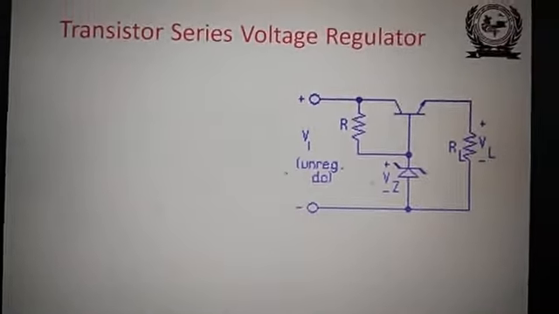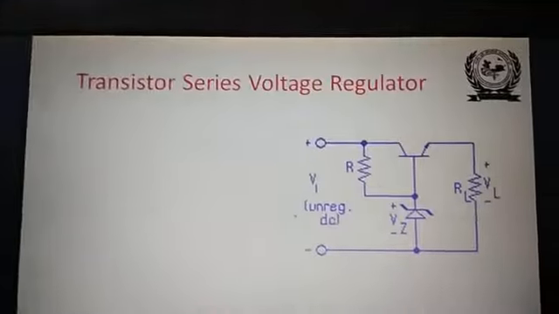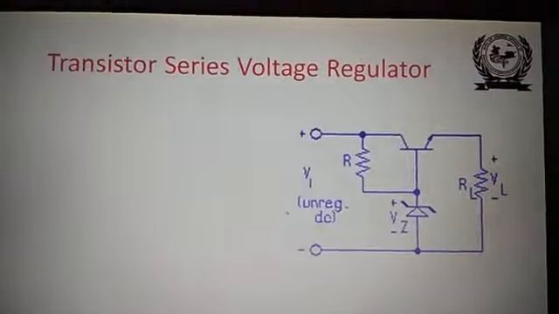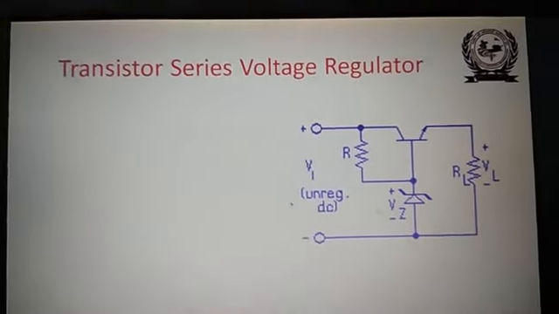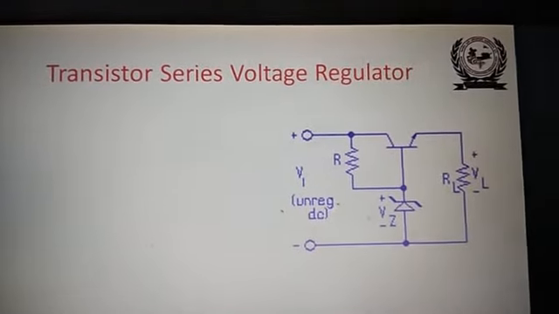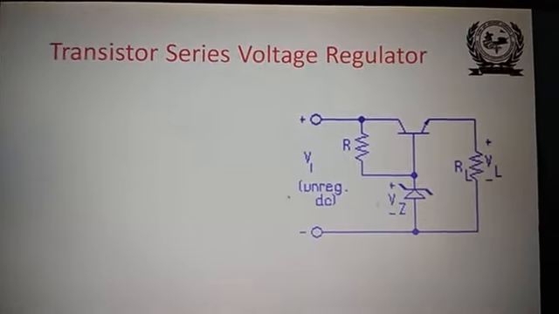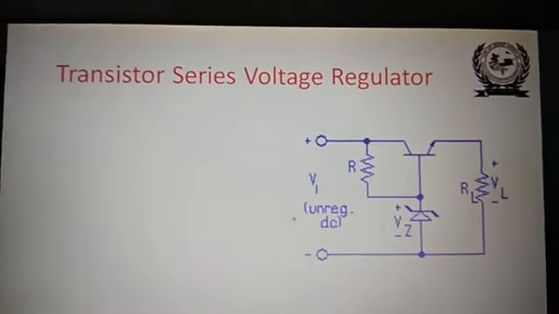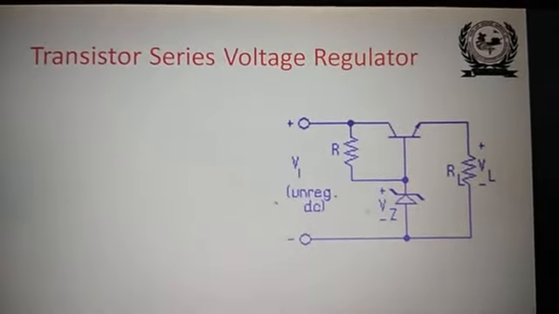Then now, this is the transistor series regulator. There are two types of regulator which are also used in the ICs. One is the transistor series regulator and another is the shunt regulator. Why it is called as series regulator and shunt regulator?